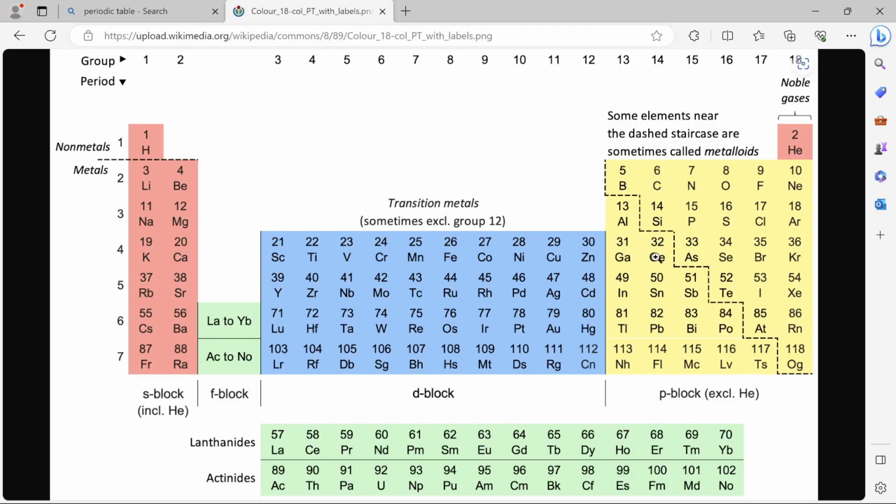So this is your group 4 region, group 4 elements. This is your group 3 elements, and these are your group 5 elements.